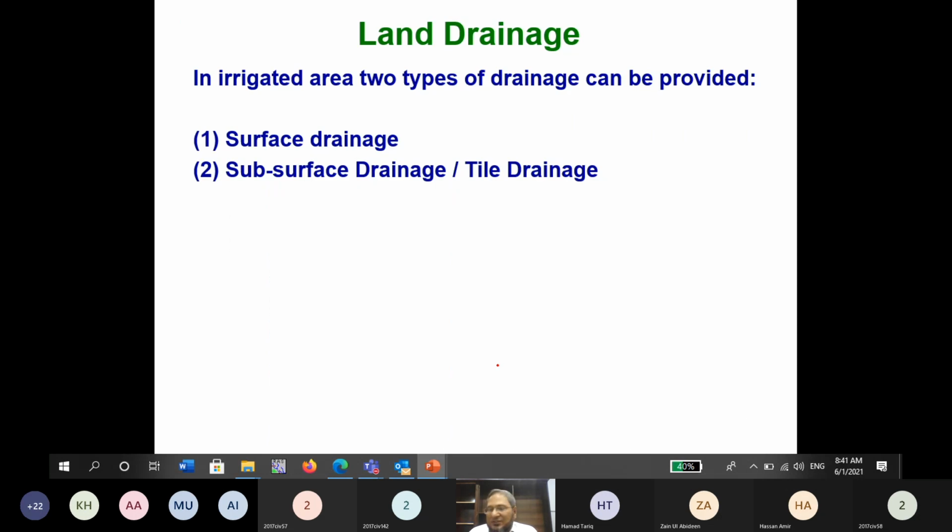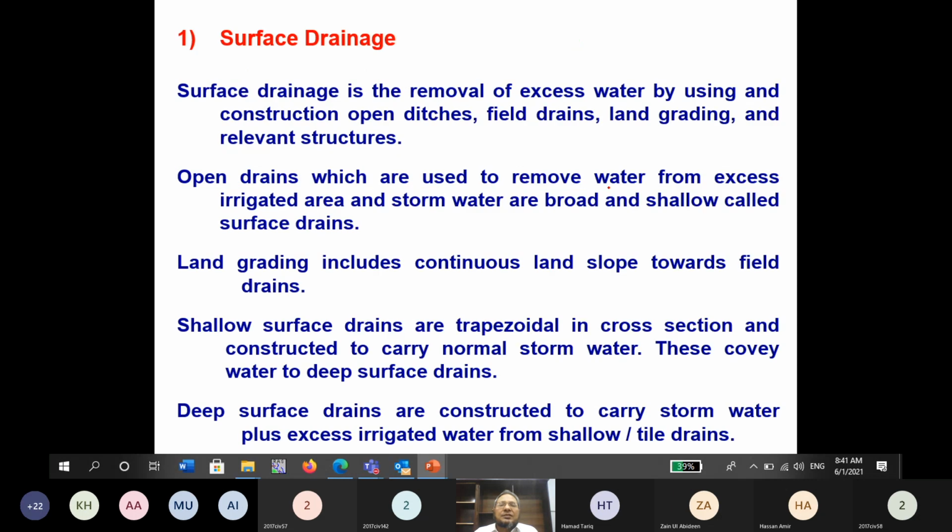Now the land drainage. There are two main types of land drainage. Number 1 is the surface drainage and number 2 is the subsurface drainage, whose other name is tile drainage. Now we would like to discuss both separately. Number 1 is the surface drainage. What is the surface drainage?